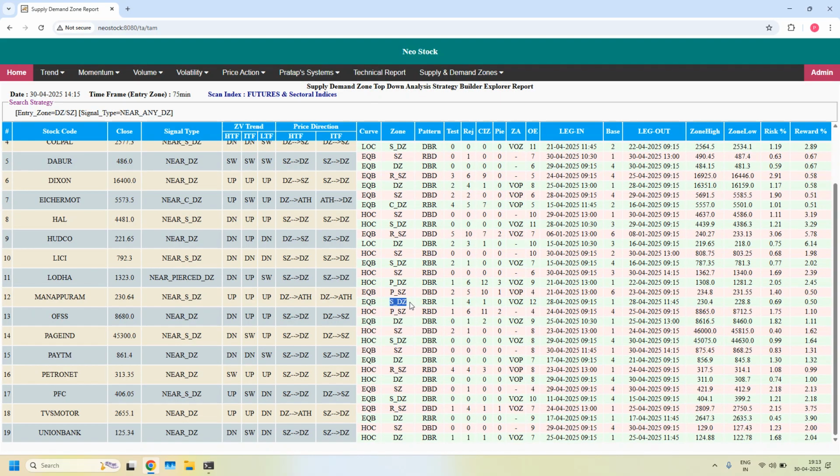Manappuram is having a high liquidity zone. Page Industries is having a high liquidity zone. PFC is having a high liquidity zone. So total we identified 7 high liquidity 75 minutes demand zones from this list.